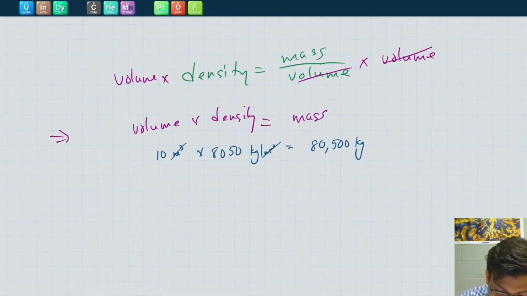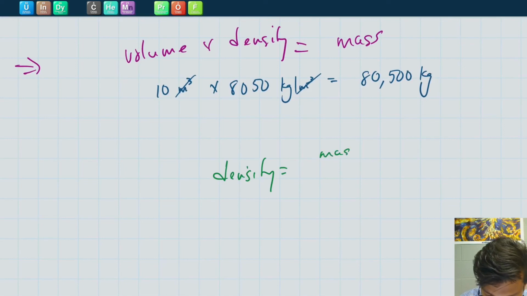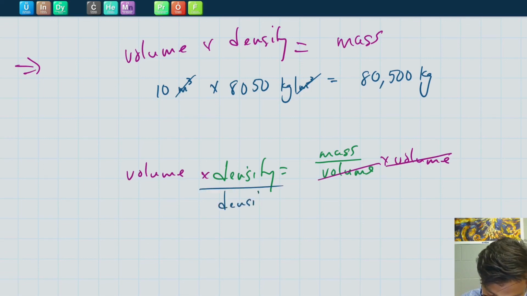But let's say instead of mass you wanted to find a volume. So density is mass over volume. We do the same trick. We multiply both sides by volume, right? Such that volume cancels out here. But then we also divide both sides by density.